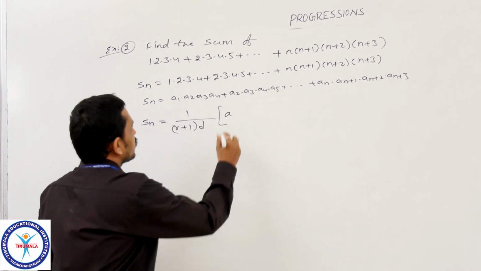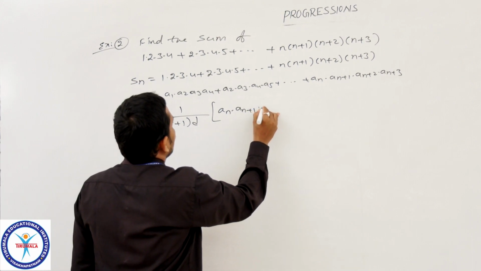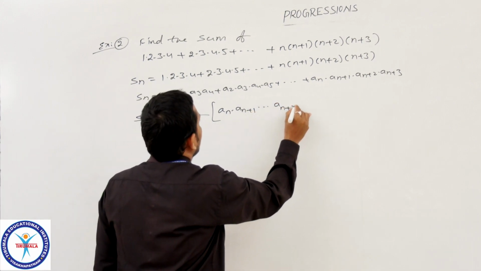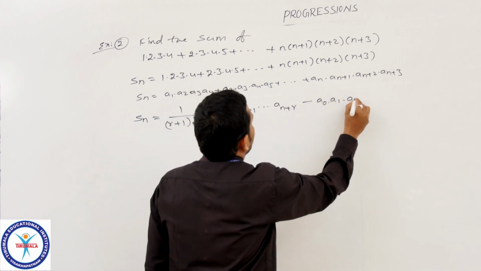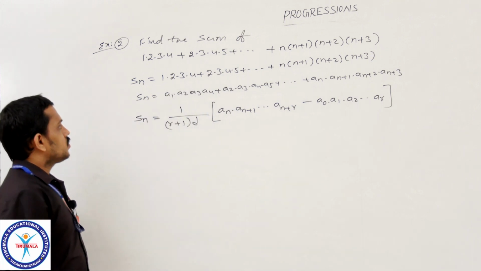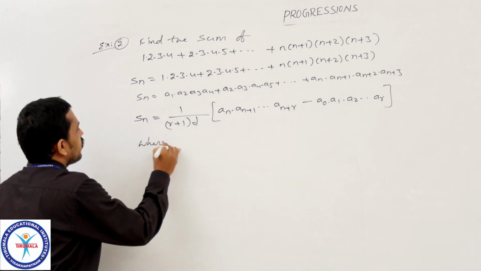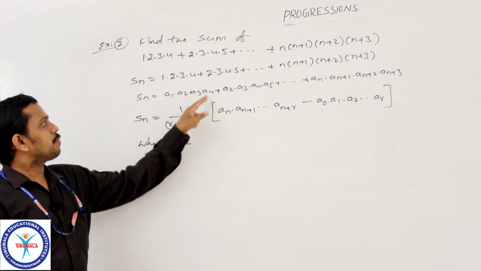an into an+1 and so on an+r minus a0 into a1 into a2 and so on ar. So, here what is r? Where r is equal to the number of terms in the product.